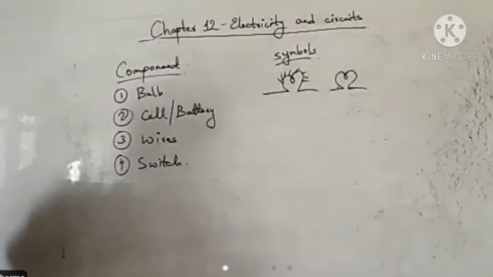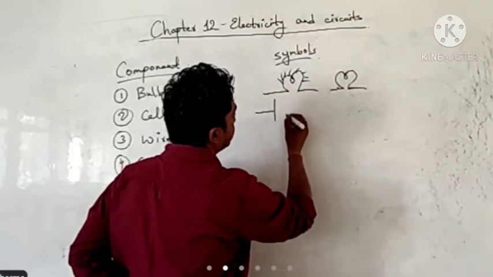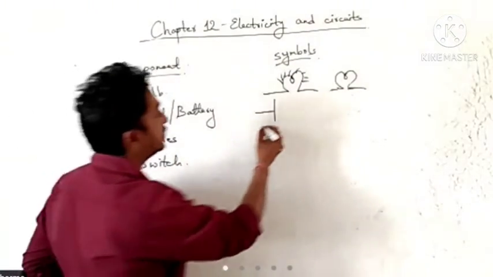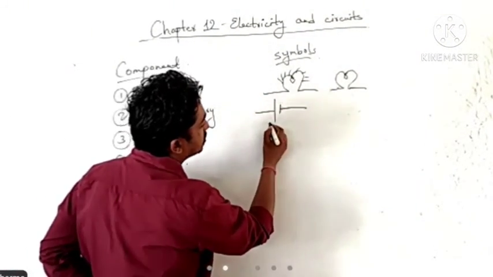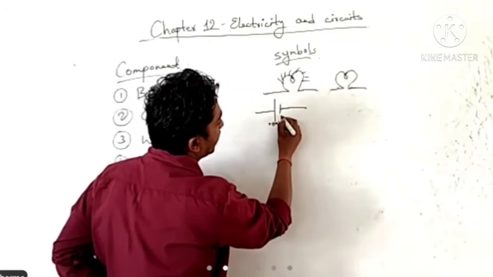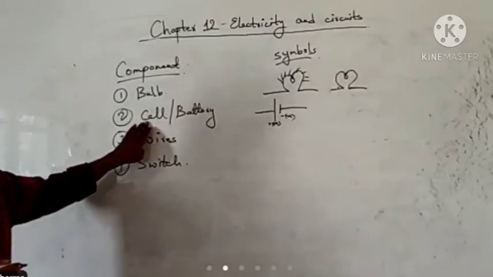Then we have a cell or battery, either one cell, then we have the smaller one, the larger one acts as the positive terminal and the smaller one acts as the negative terminal, if there is a single cell.